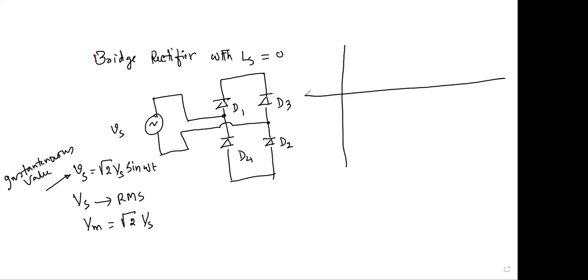Suppose you are plotting this. This is your pi and this is your twice pi. This value will be VM, which is root 2 VS, where VS is the RMS value.